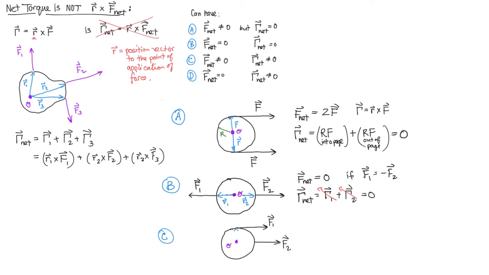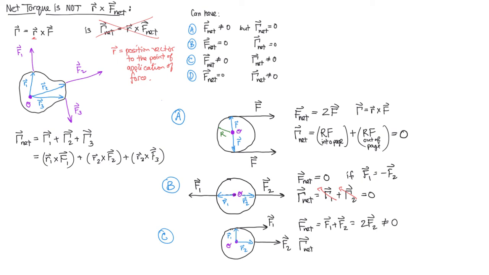Those are acting at position vectors R1 and R2. Our net force is equal to F1 plus F2, the vectors, which, if those two forces are equal to each other, we can call 2F1 or 2F2. In other words, non-zero. That's all we care about, not 0.